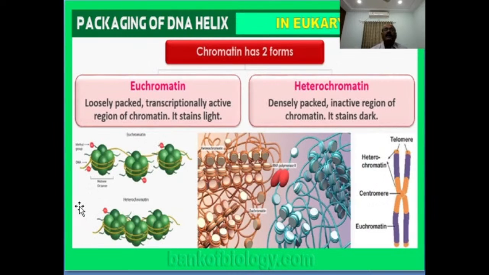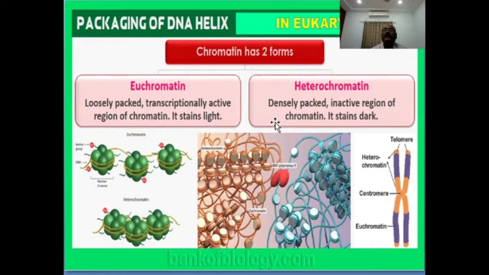In DNA, based on staining, we can observe two different parts: euchromatin and heterochromatin. Euchromatin means a loosely packed, transcriptionally active region of chromatin. It stains light.